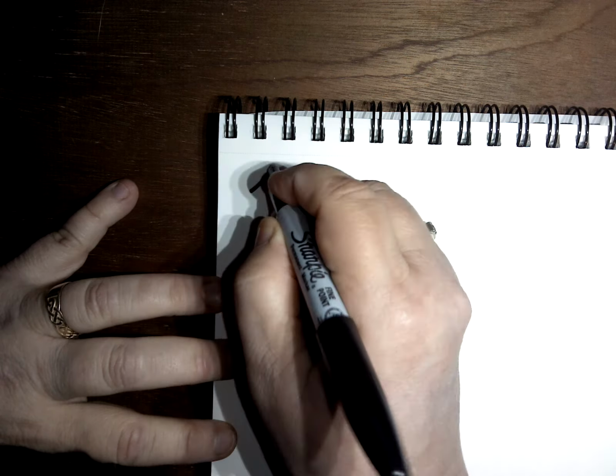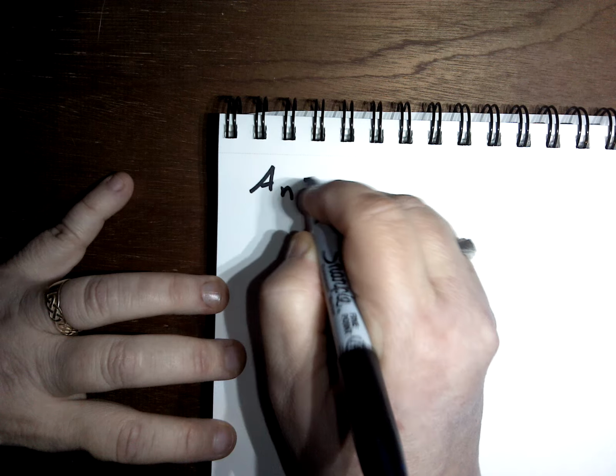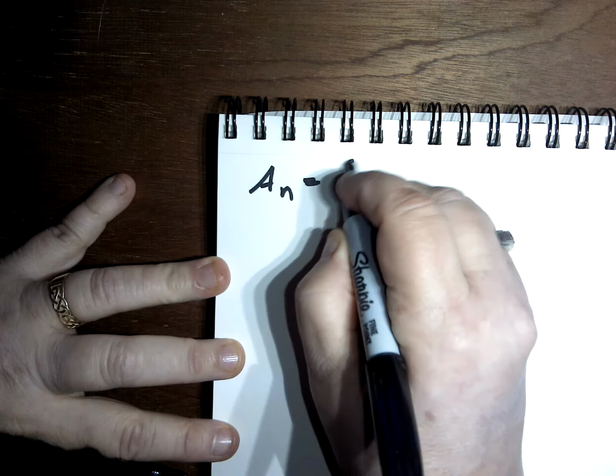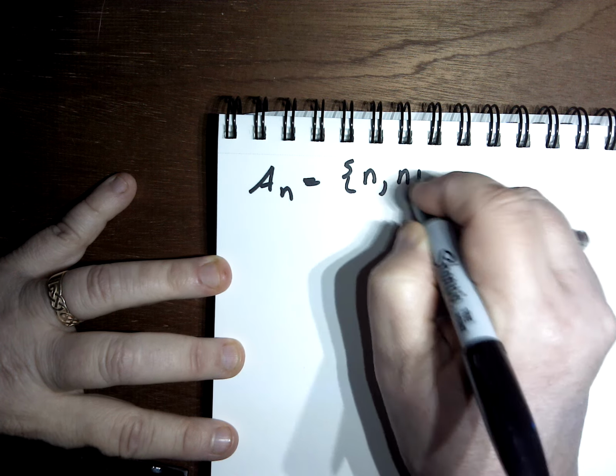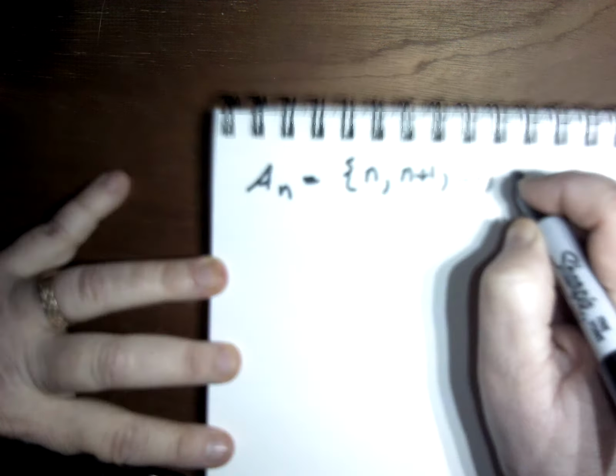So let's do something funky. The best way to deal with notation is to write down a couple of examples to see what's going on. So if I say something like, I'm looking at the homework problems. We're going to let A sub n equal the set of n plus 1 up to 2n.